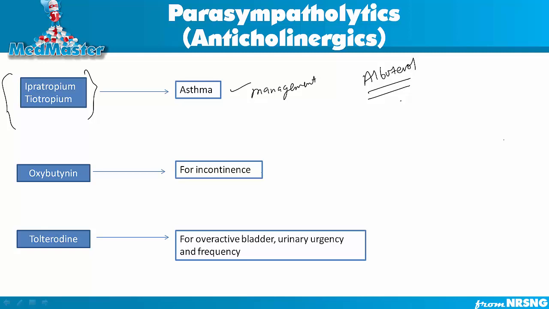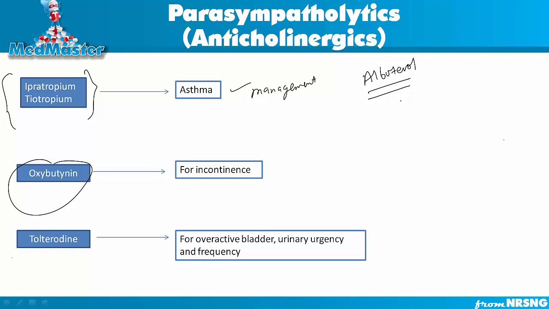Oxybutynin is for incontinence. The parasympathetic nervous system actually increases urinary system activity and contracts the urinary bladder. But when you block that parasympathetic effect on the urinary system by giving these drugs, it will decrease the contraction and it will decrease the incontinence.